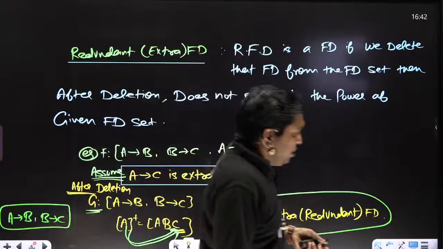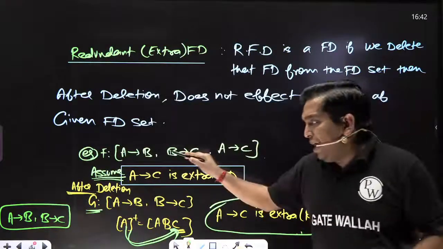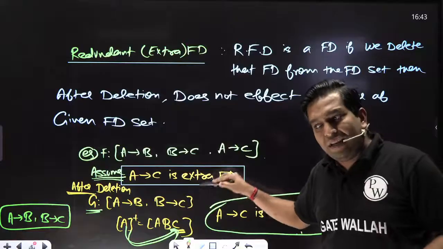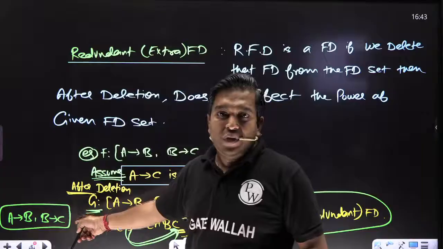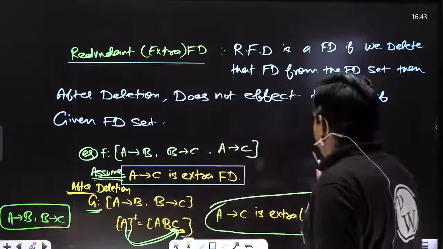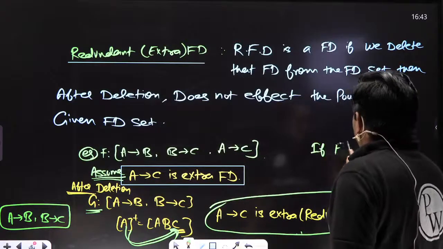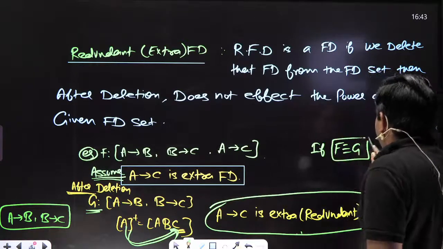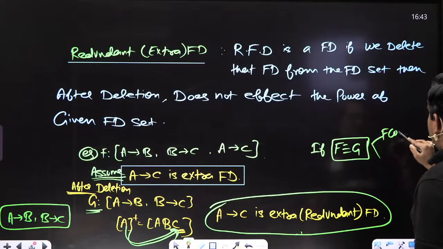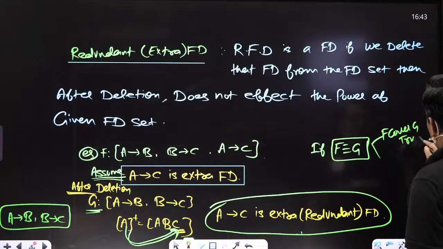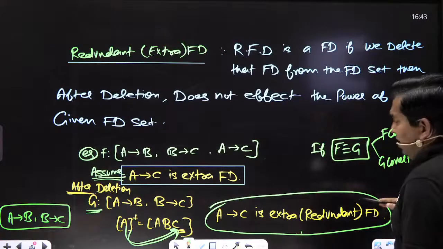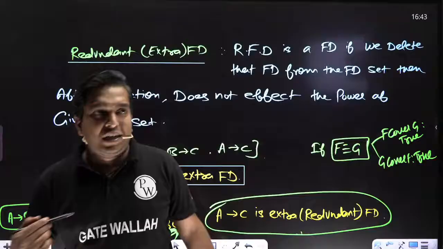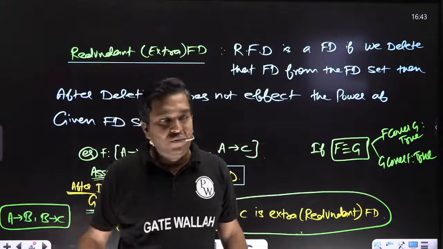So children, listen, assume any FD is redundant. After deletion, you are getting a new FD set G. If you are getting F equivalent to G, meaning F covers G is true and G covers F is true, then we can say whatever we assumed is redundant.